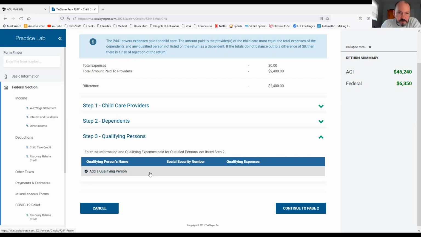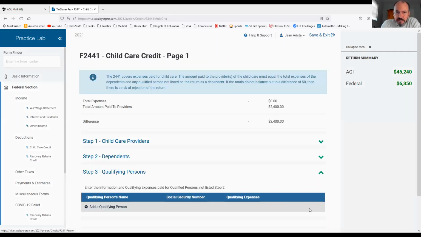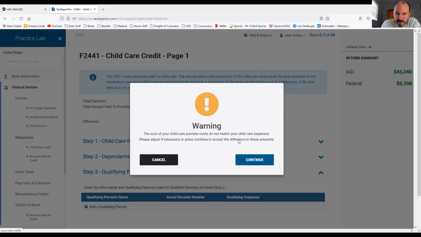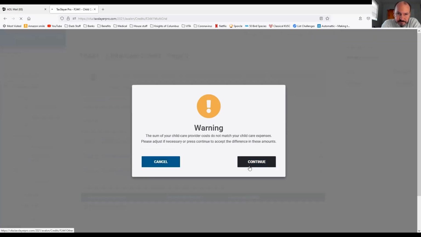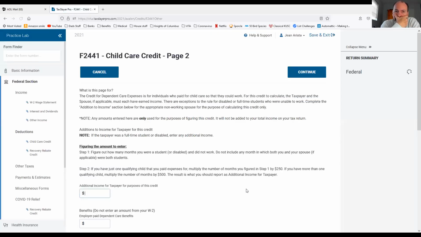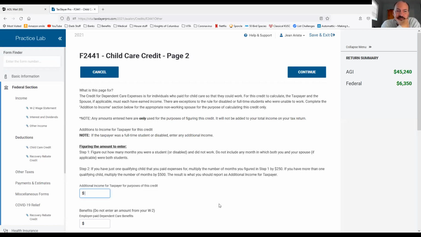Okay, I think we're at number 3, the qualifying person, which means I think we've got that. So we go to page 2. Let's see if we've done everything we need to do. Oh, we didn't do something on costs. Yeah, and I was playing around with this last night for some strange reason. I hit continue. Okay, let's do this.